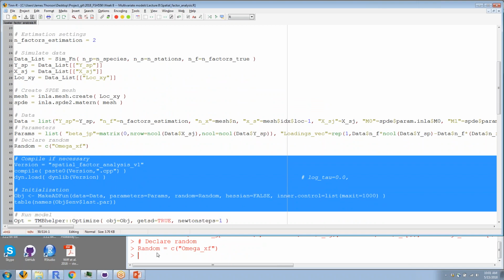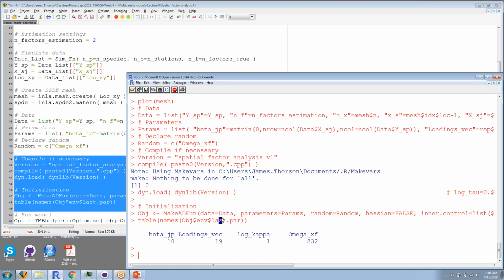But if we've got 10 species, then we're going to have 10 intercepts, so beta JP is going to have 10 elements that are being estimated. If we've got 2 factors and 10 species, then our loadings matrix is going to have 10 elements in the first column and 9 in the second, so there's 19 parameters to estimate in the loadings matrix.